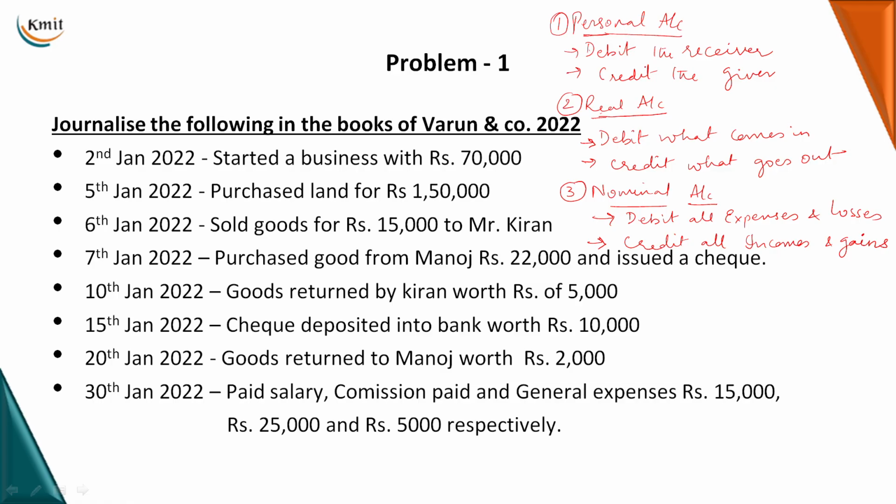For which we are supposed to rely upon the basic and fundamental accounting rules, which are displayed here, which we have already discussed in the previous session, and for your reference I have written them on the screen. The personal account: debit the receiver, credit the giver. For real account: debit what comes in, credit what goes out. Nominal account: debit all expenses and losses, credit all incomes and gains. These are the rules on which we are going to rely in order to pass the journal entries.